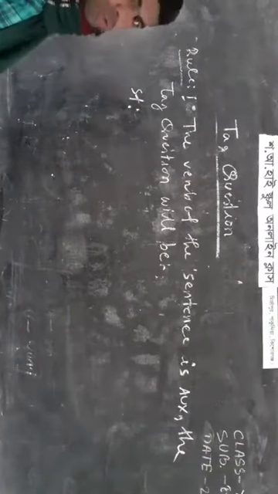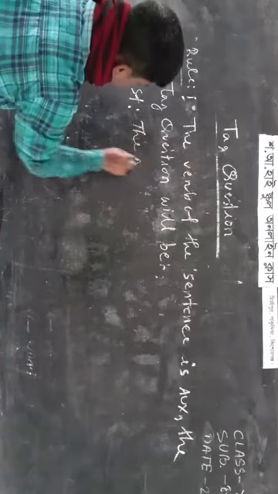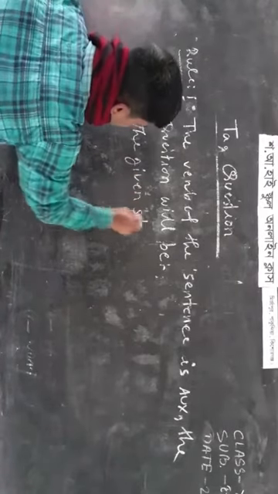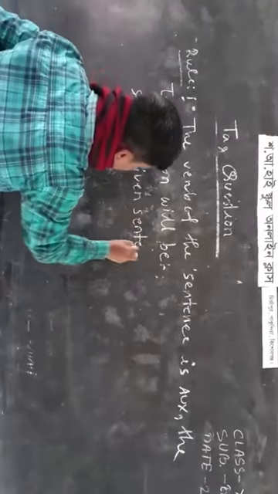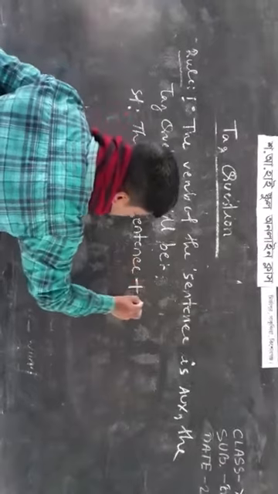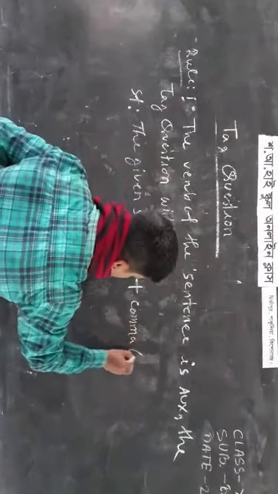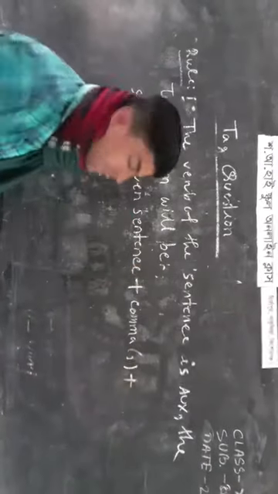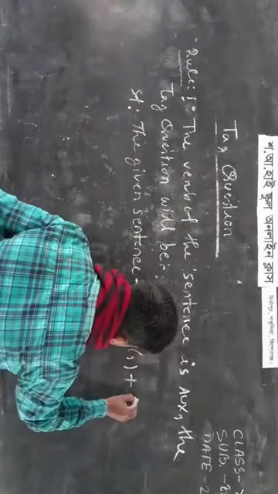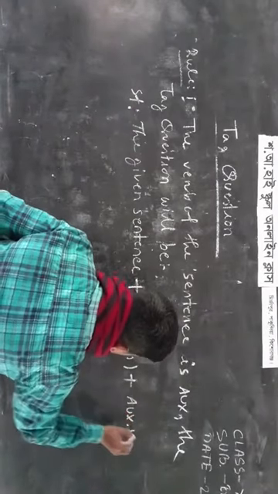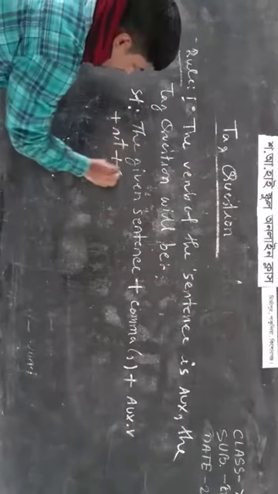At first, you have to write the given sentence again, plus comma, plus auxiliary verb plus n't, plus subject.